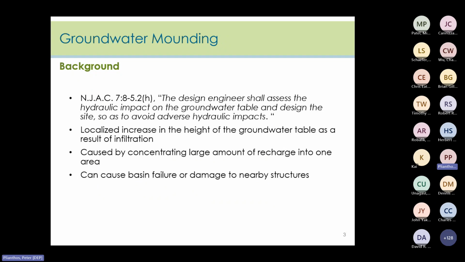So we can have problems if this increase is large enough to slow down the rate of infiltration beyond our 72-hour window, or from repeating this slowing down over and over, the basin can experience failure. Additionally, as this mounding spreads out, it can reach adjacent structures such as basements and septic systems. Let's look at a nice graphic that illustrates this.